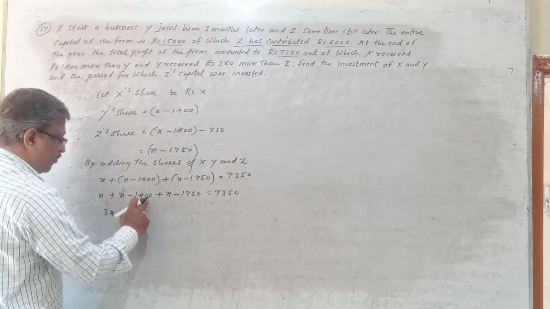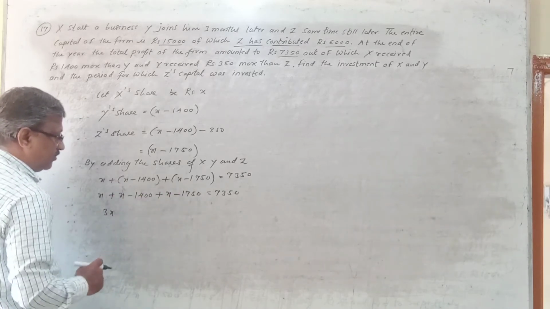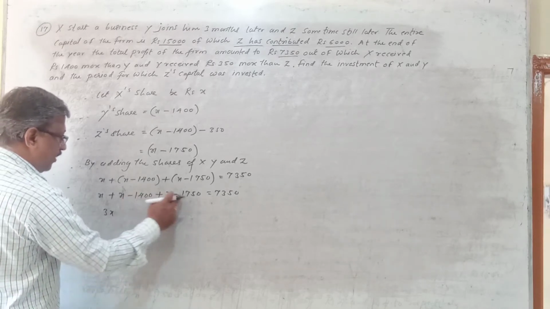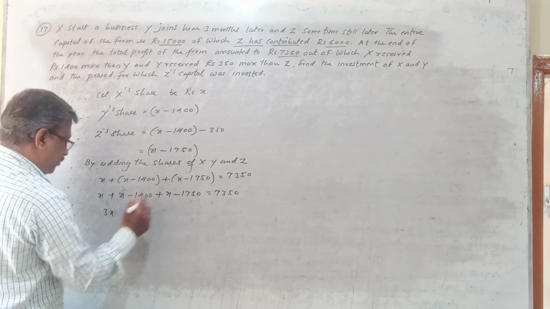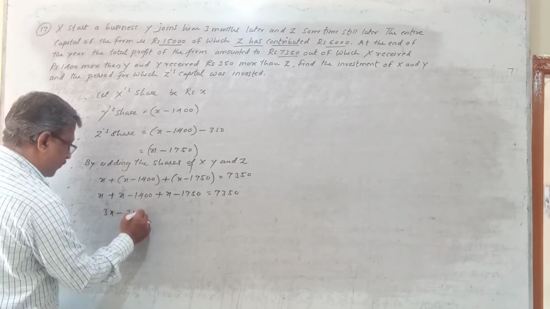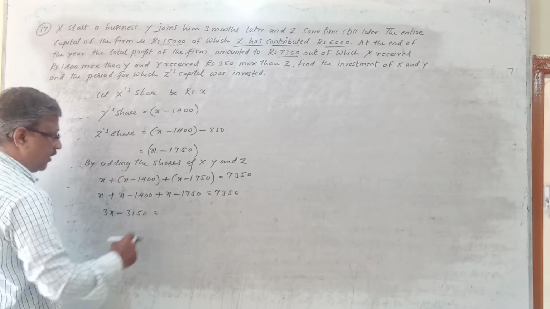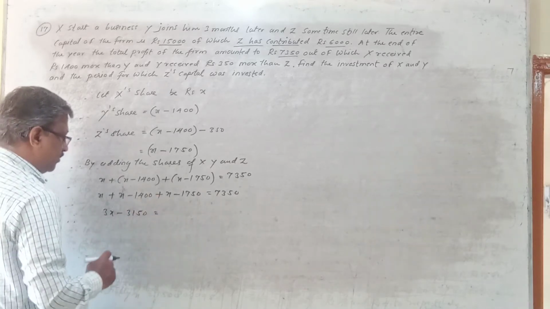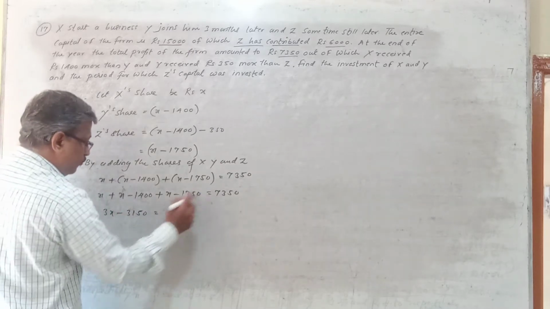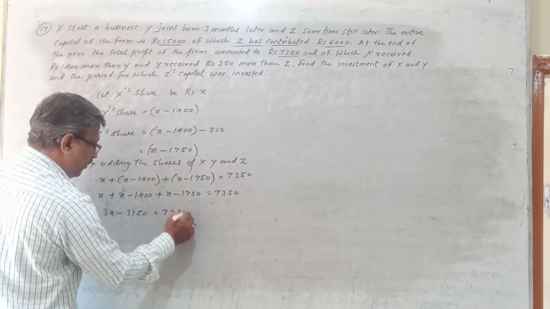So 1400 plus 1750, if you add this, you get 3150. So it comes to minus 3150 equal to 7350.